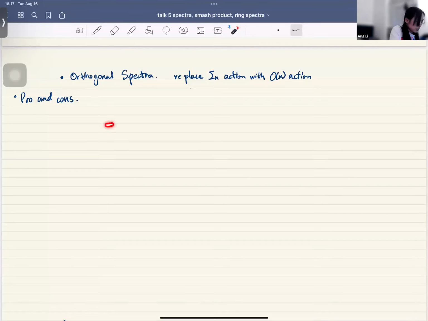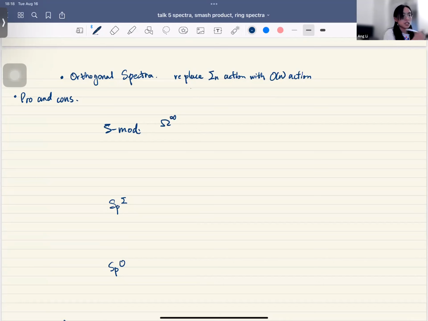Okay, so we first have EKMM, and we say S-module for that one. And then we have the symmetric spectrum, and we have the orthogonal spectrum. So the good thing about S-modules is that loop infinity will give you strictly the zero space information.